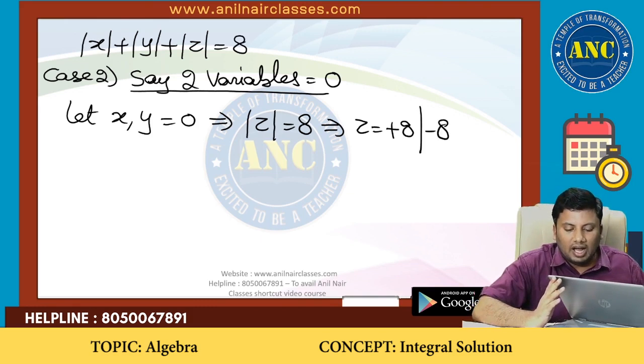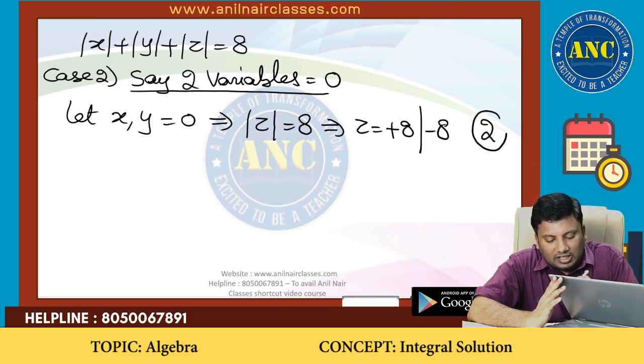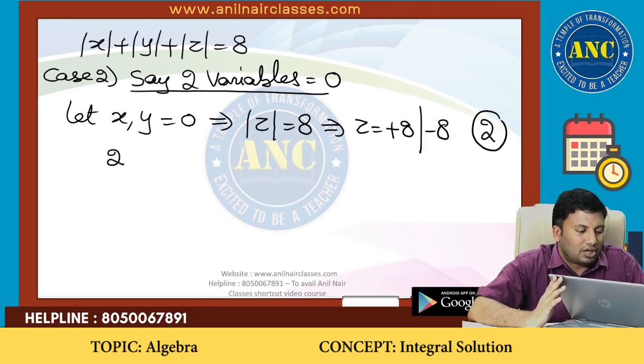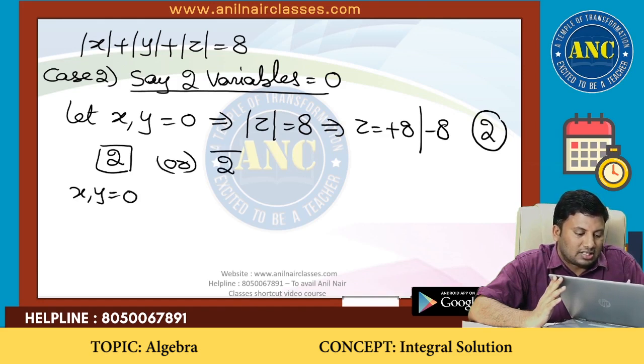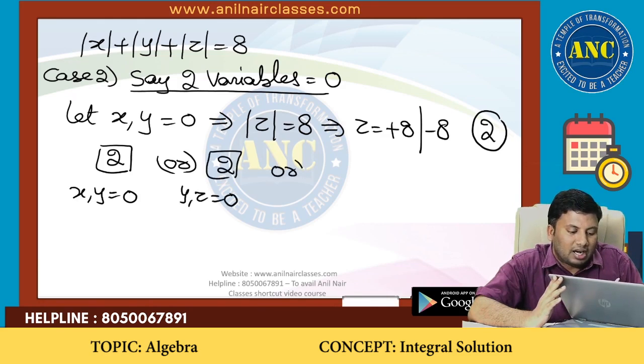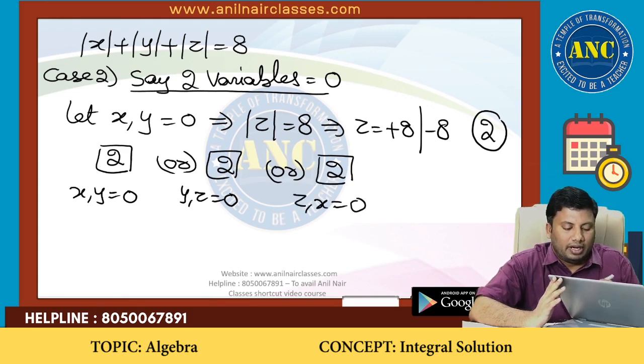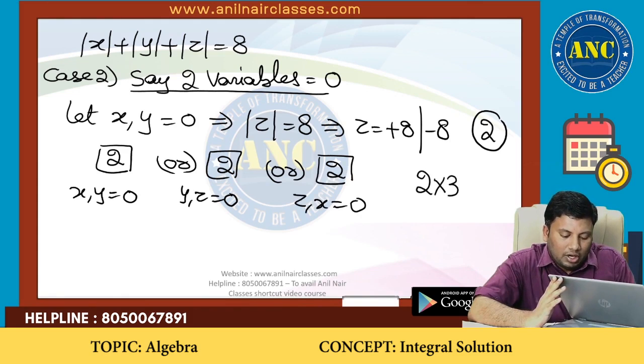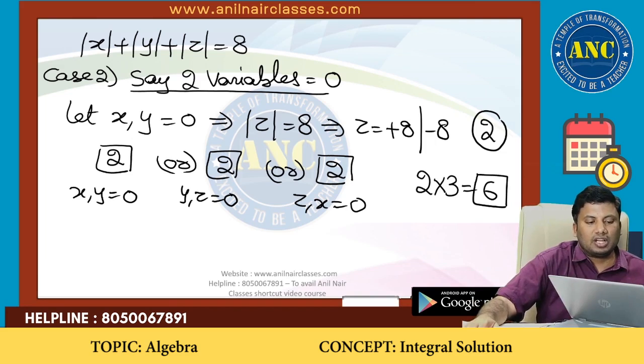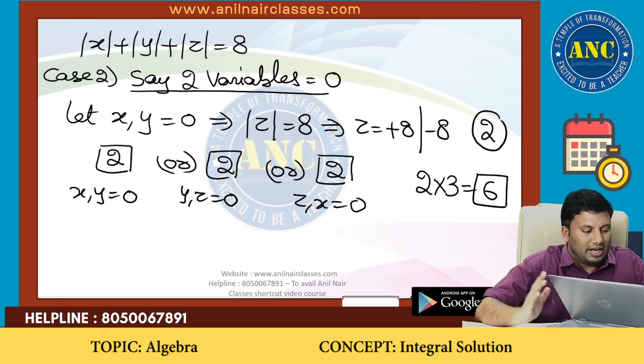How many cases did I get? 2 cases when x, y are 0. Again there are 2 cases when y, z are 0, and again 2 cases when z, x are 0. So it is 2 into 3, which is nothing but 6. I hope the idea is clear.